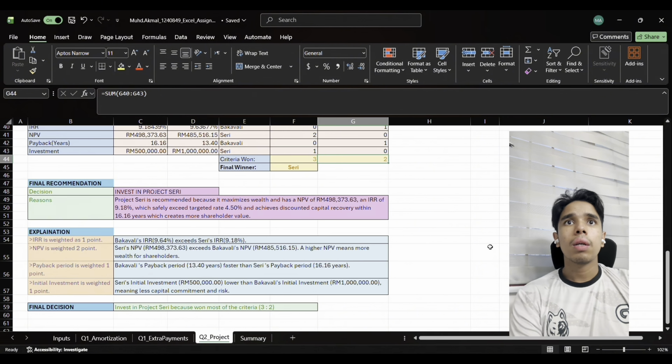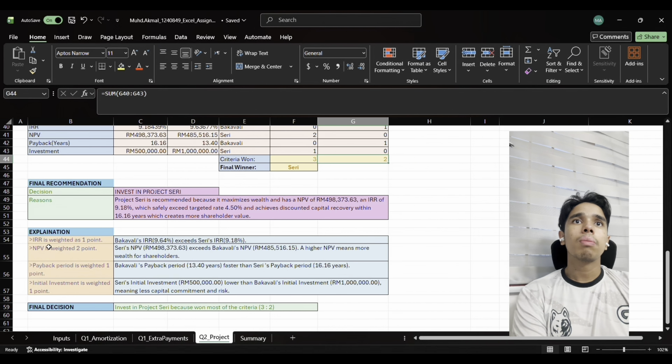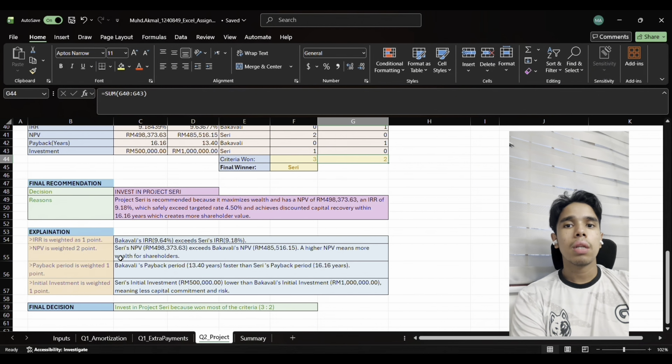So the IRR is weighted as 1 point. We know Bakawali's IRR exceeds Seri's, and NPV is weighted as 2 points because what? The higher NPV means more wealth for shareholders. So we just assume the NPV is weighted as 2 points. We know Seri's NPV is more than Bakawali's, and payback period is weighted as 1.